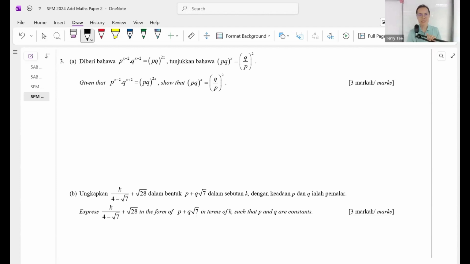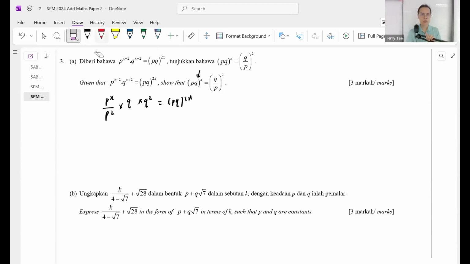So number one, we're going to break this up. I'll break it up to p power x divide p power 2. Minus becomes divide, plus becomes multiply. The result is (pq) power 2x. Now, notice that I wouldn't expand the (pq) power 2x because I can see there's a (pq) power x here. I wrote this wrongly, this one is x.